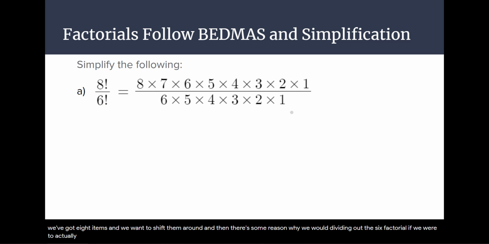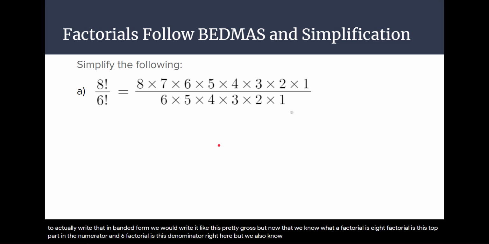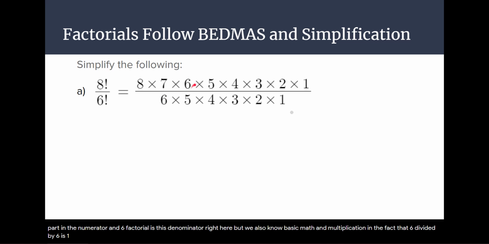If we were to actually write that in expanded form, we would write it like this. Pretty gross. But now that we know what a factorial is, 8 factorial is this top part in the numerator, and 6 factorial is this denominator right here. But we also know basic math and multiplication, and the fact that 6 divided by 6 is 1, and this can simplify.